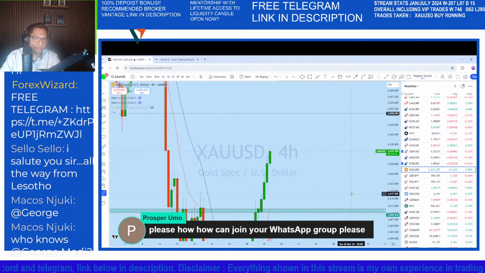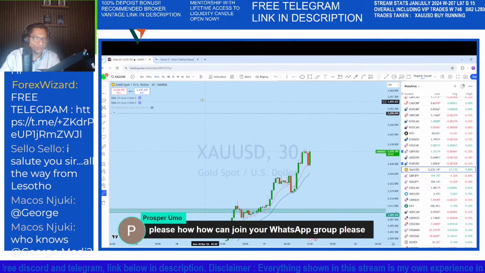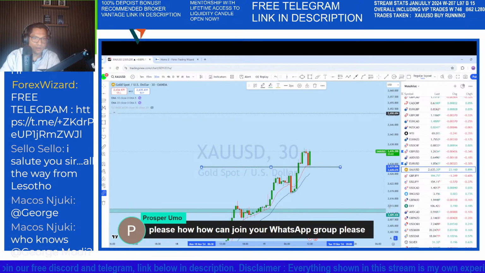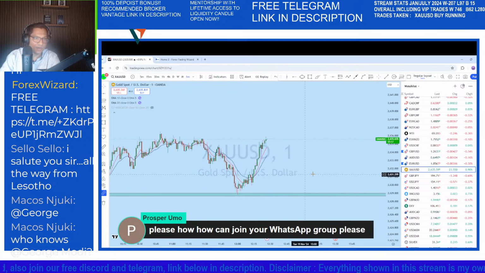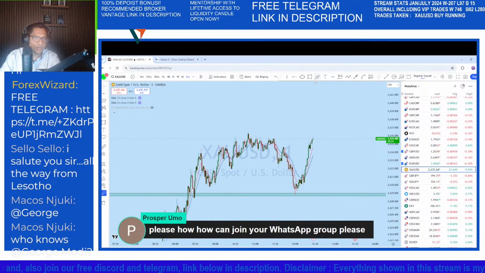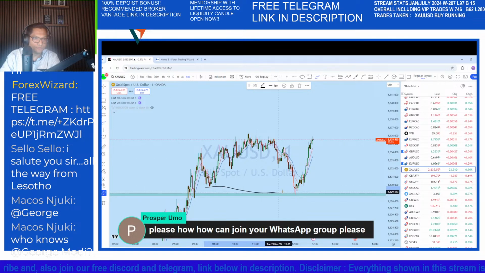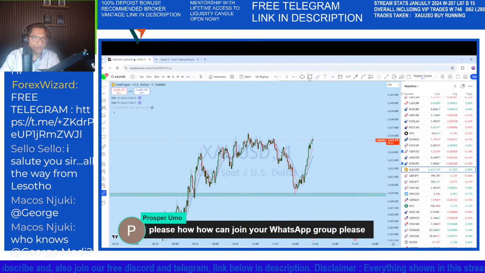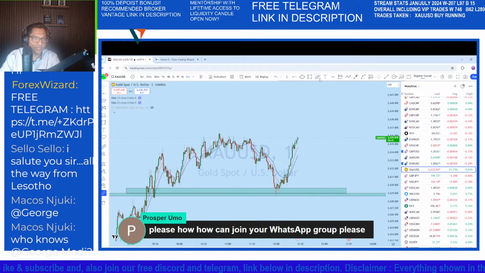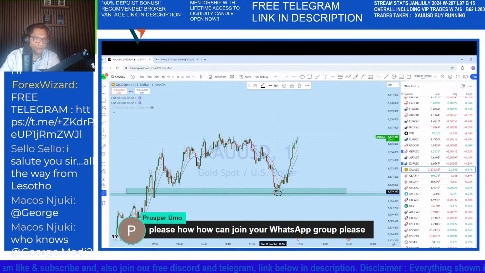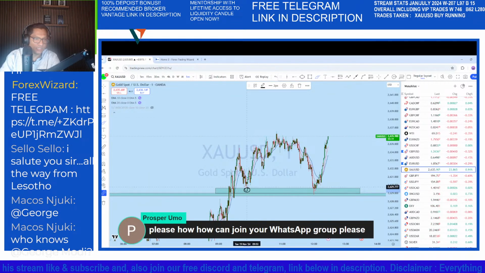If we look at the 30 minutes, this is the support level on this lower time frame. If we look at the 1 minute chart, this is a support where there is a liquidity grab here, and with the liquidity grab we can see there's also support here.